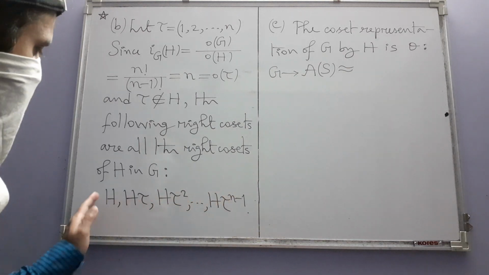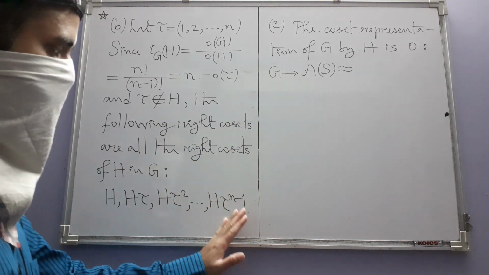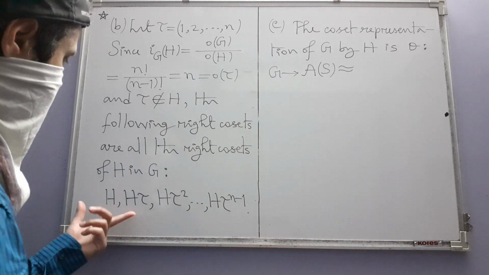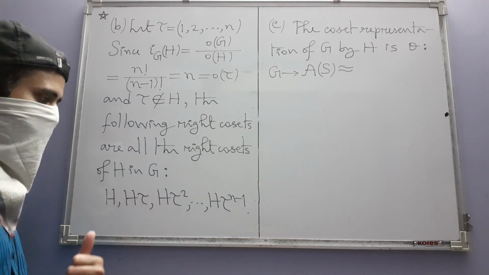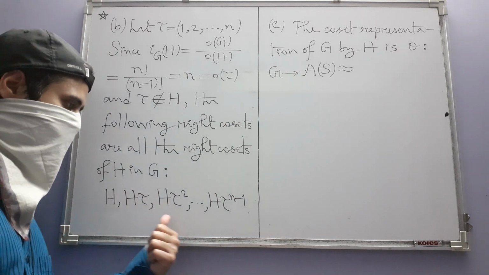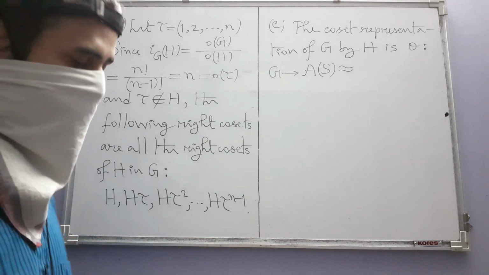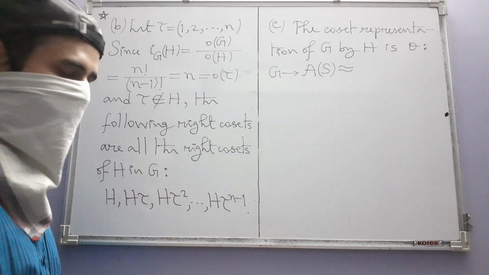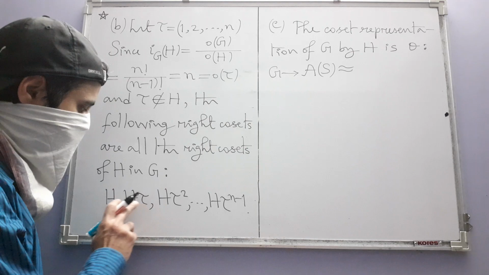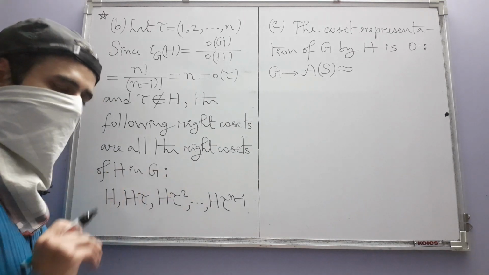That's why we have been asked to find the distinct right cosets. And you can see that there are n elements here, of course after you prove or convince yourself that these are really distinct.